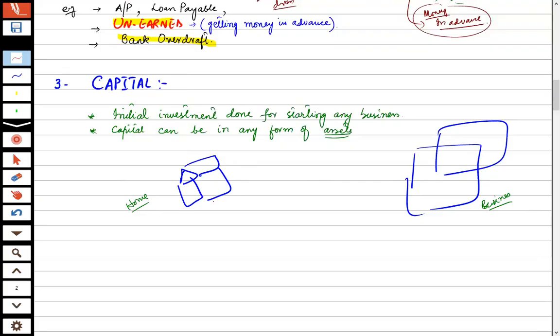He realized that he has some previous savings in the form of cash and he invested it in the business to start the business for the first time. This is very important: initial, first time. So that cash becomes the capital of the business because he has invested it.